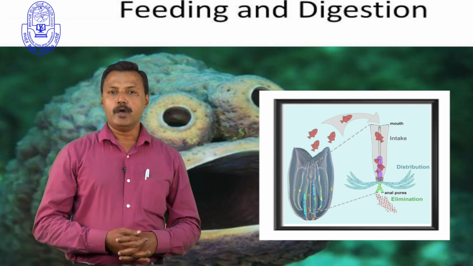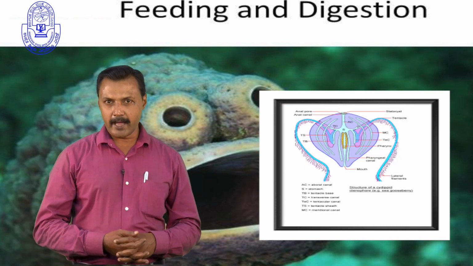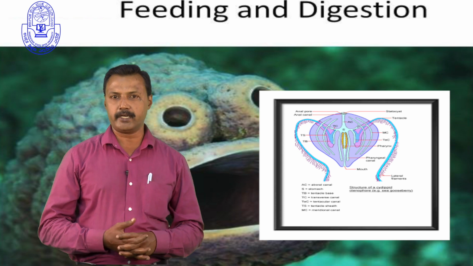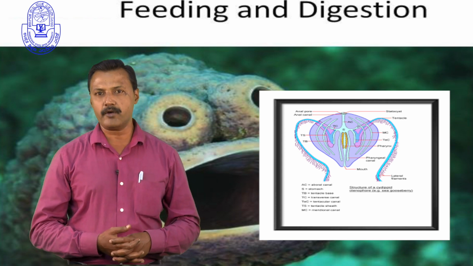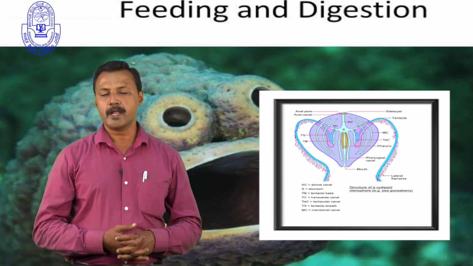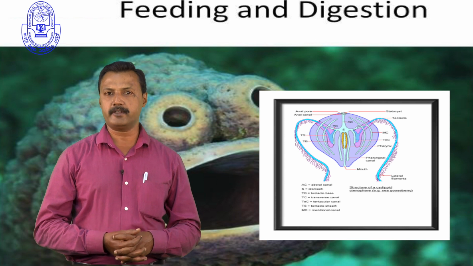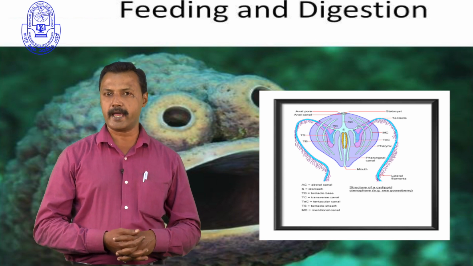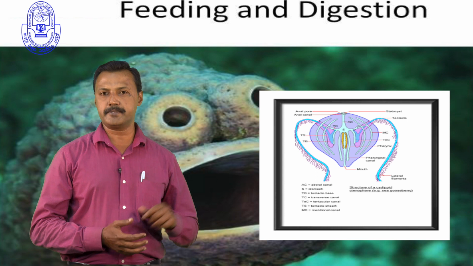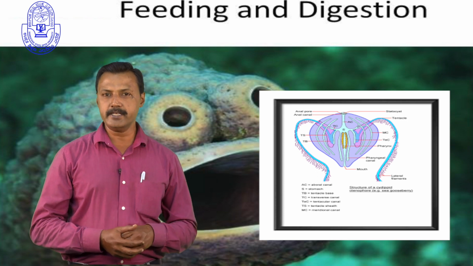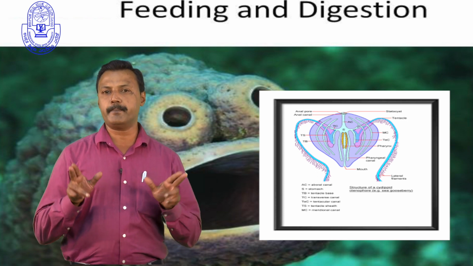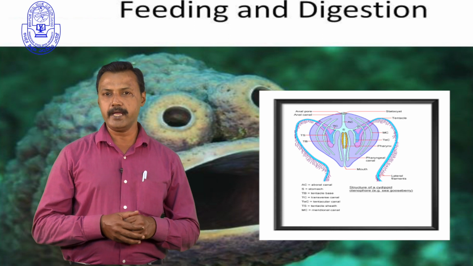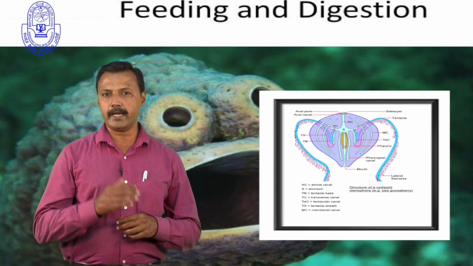So, now if you look at the digestive system of the ctenophora, it consists of a mouth region. Below this mouth region we have the pharynx, or what we also call the stomatium, that you can observe in the slide, and within this stomatium there is branching within the body toward the aboral region.